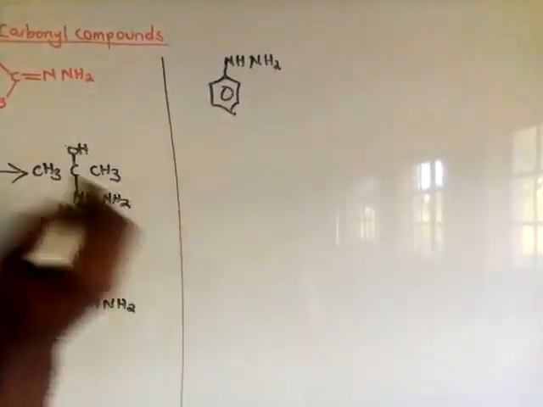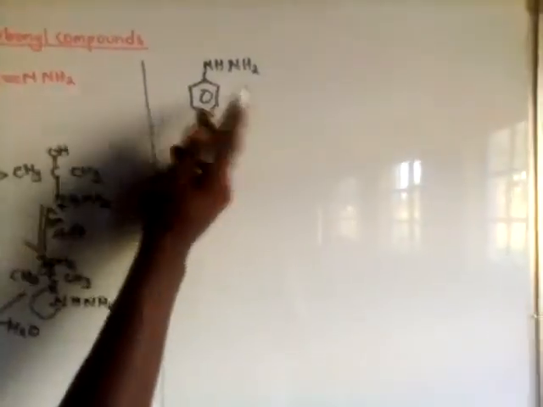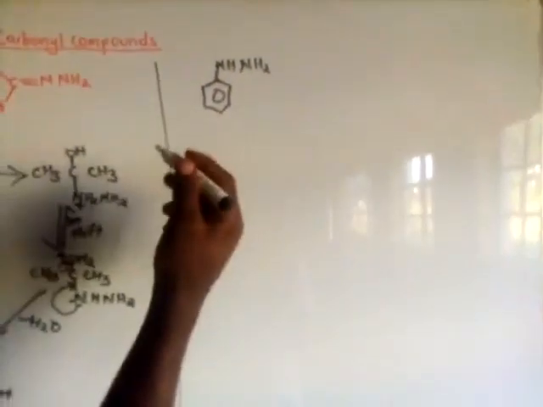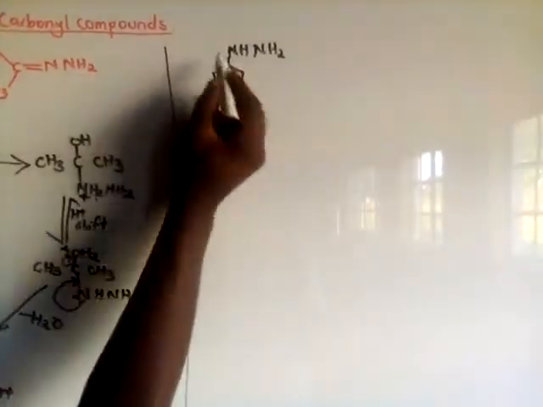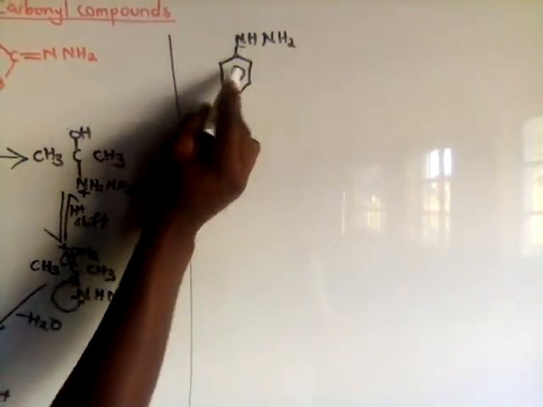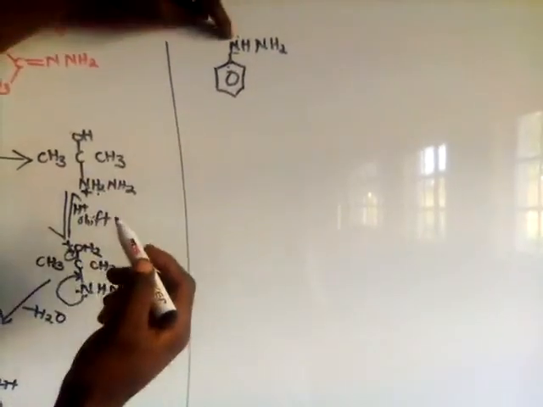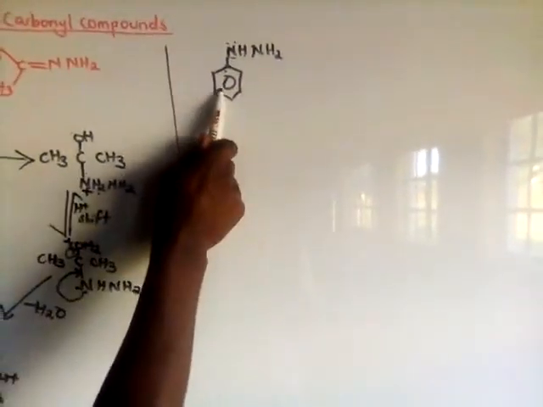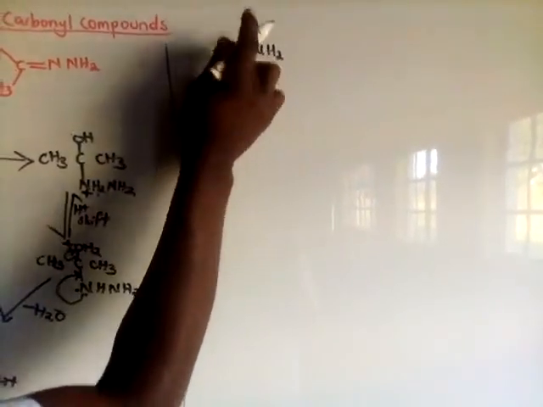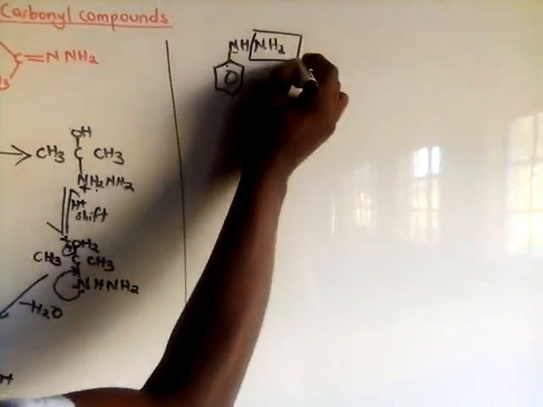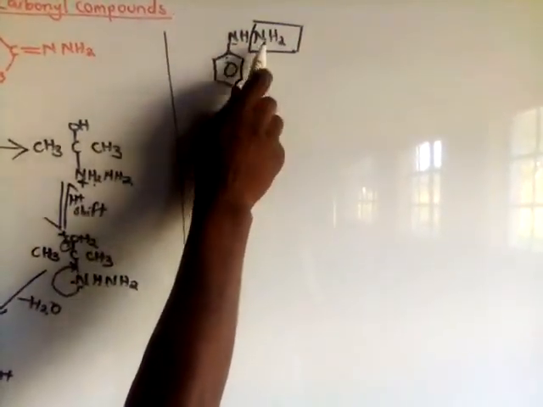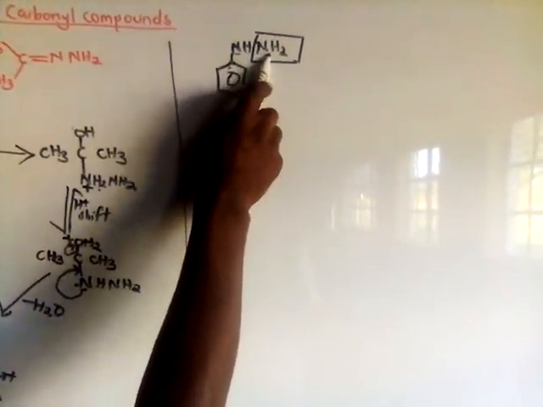NH2. Phenylhydrazine, being on a benzene or being phenyl or being aromatic, it means this nitrogen here, which is attached directly to the benzene ring, it cannot donate electrons because the lone pairs on the nitrogen will interact with the pi bonds of the benzene to render them unavailable. So it means we are going to use this nitrogen to cause nucleophilic attack.